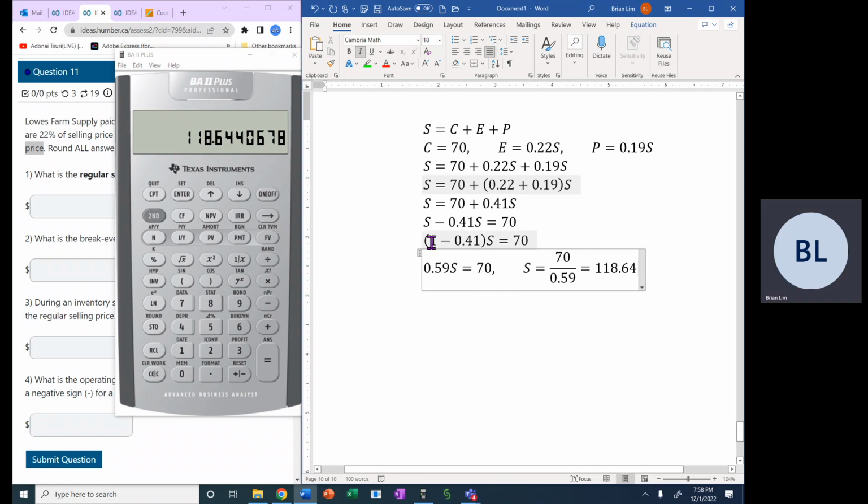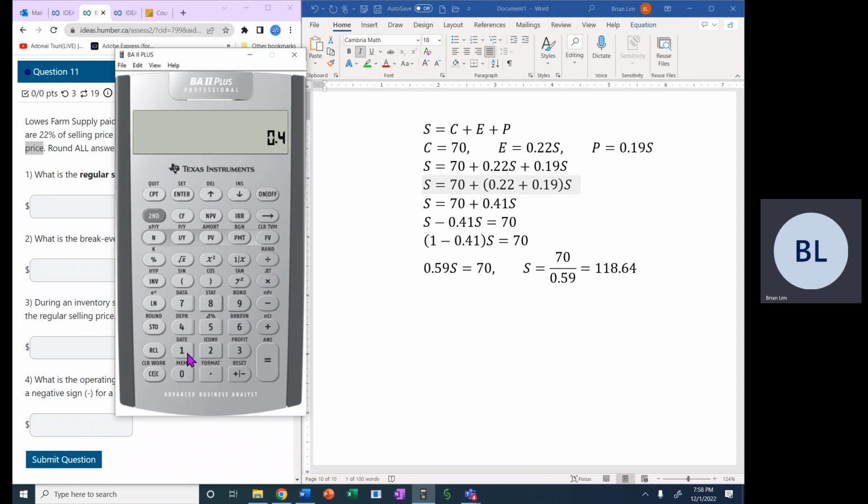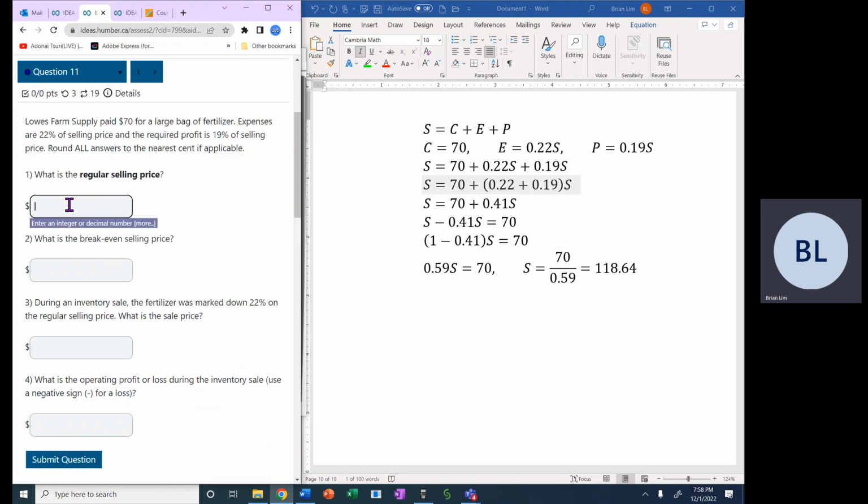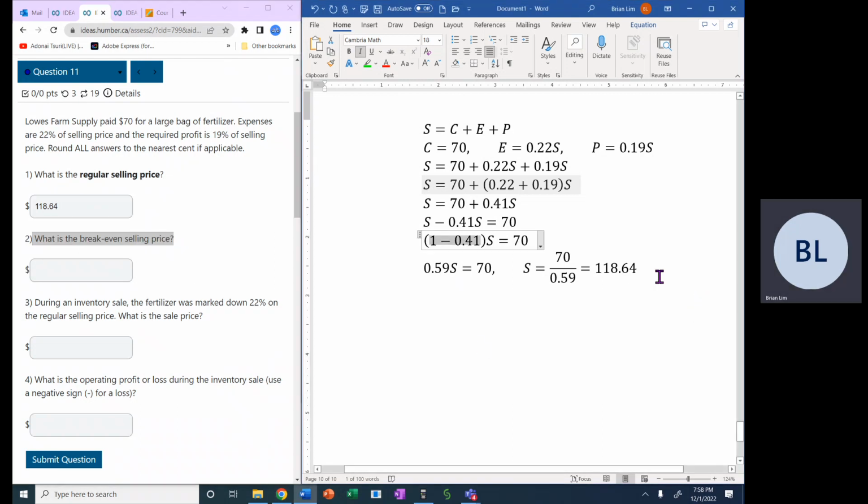Now you might be wondering, 1 minus 0.41, that's how I got the 0.59. So 1 minus 0.41 is indeed equal to 0.59. So that is the selling price. The regular selling price is $118.64.